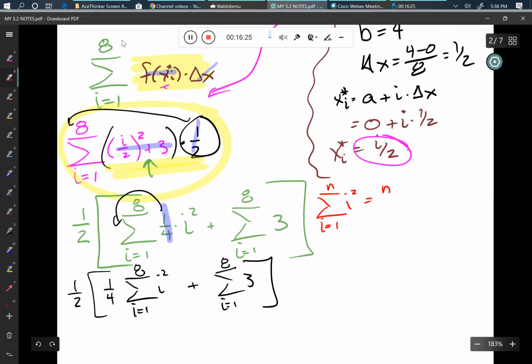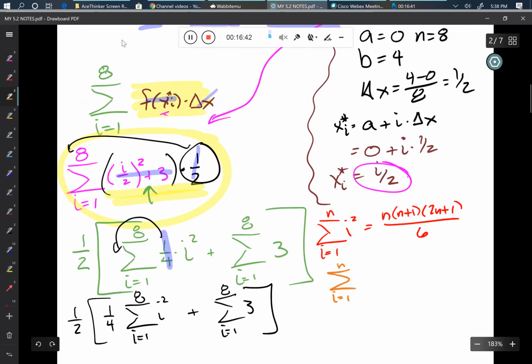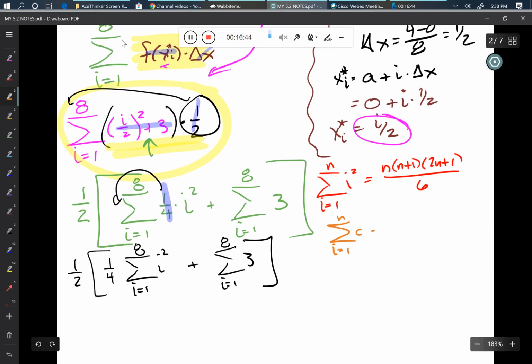It's going to be n times n plus 1 times 2n plus 1, all divided by 6. The other formula I'm going to need is the summation as i goes from 1 to n of c, which is just equal to n times c.